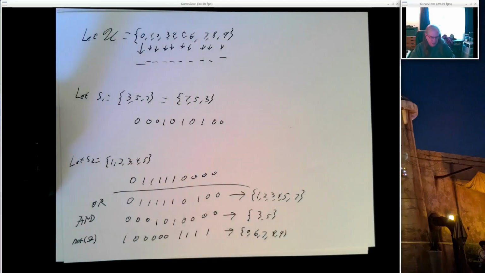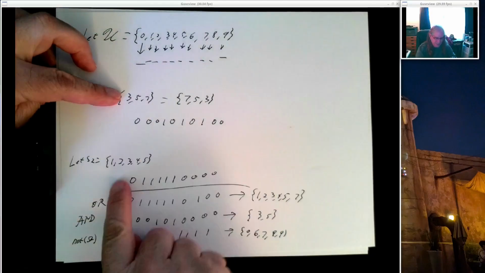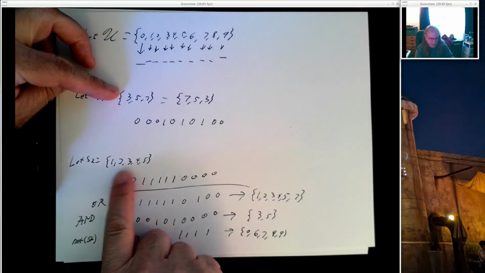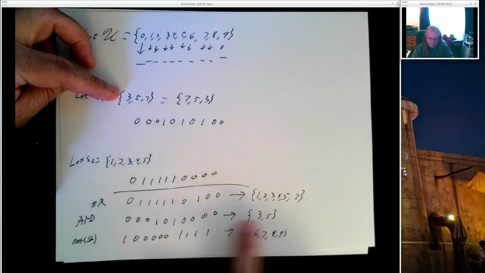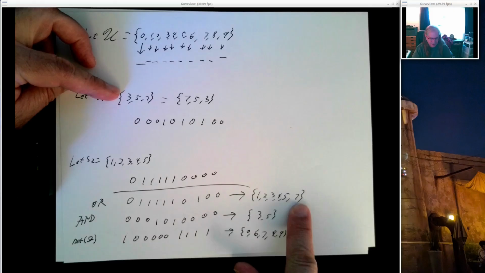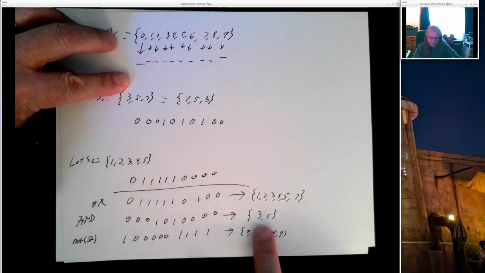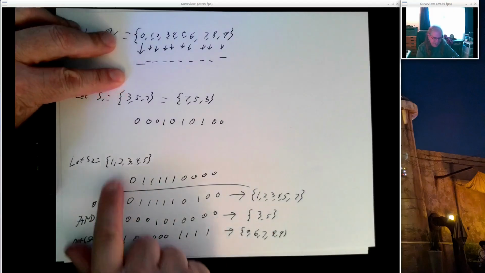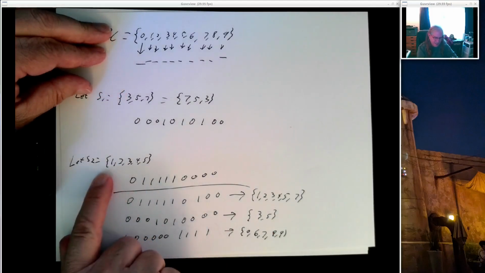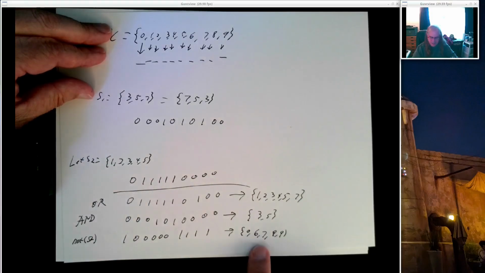Well, guess what? If I take the union of these two sets, I should get 1, 2, 3, 4, 5, 7. That's what I got here. If I take the intersection of these two sets, I should just get the 3 and the 5. That's what I got here. And if I were to take the complement of this, I would get 0, 6, 7, 8, 9. That's what I got here.